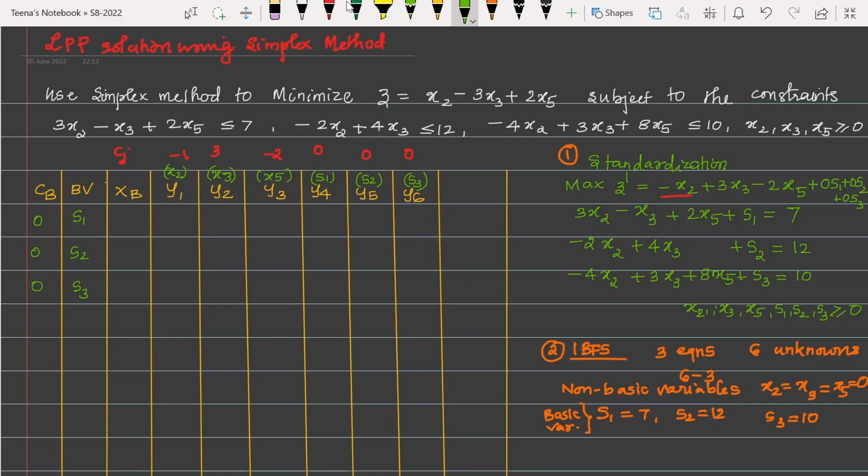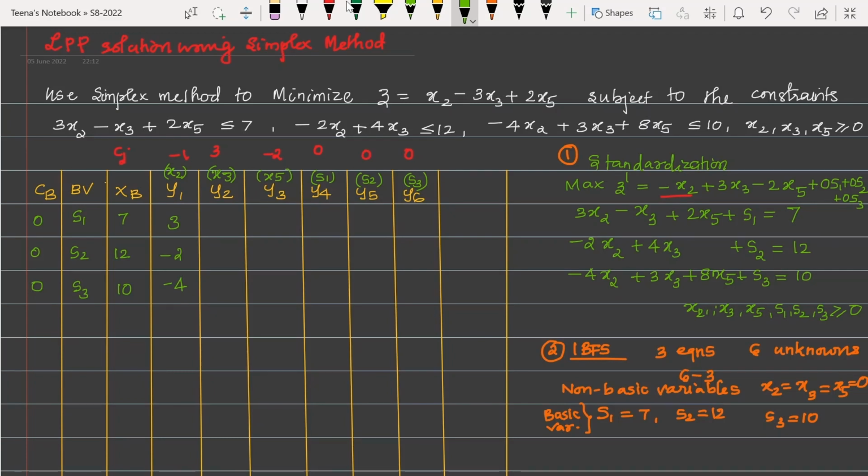Now let us fill in the columns. The basic variables s1 is with value 7, s2 is with value 12 and s3 is with value equal to 10. X2 coefficients from the three equations are 3, minus 2 and minus 4.